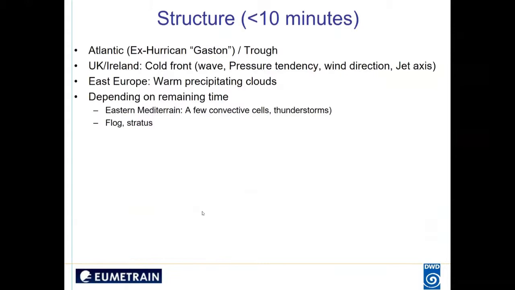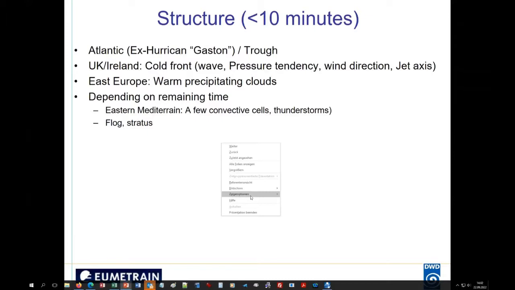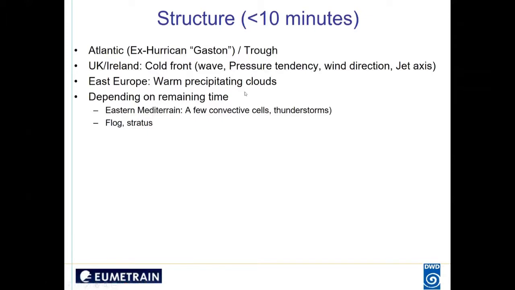And the structure, depending a little bit on the time, at not more than 10 minutes, I will show you a few things about the Atlantic Ocean, the ex-hurricane Gaston, and then the trough above the Atlantic.